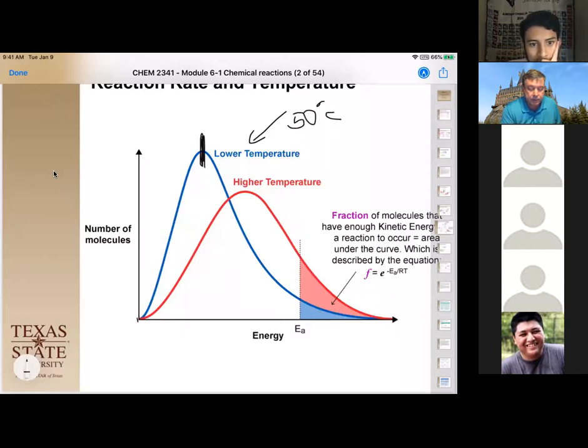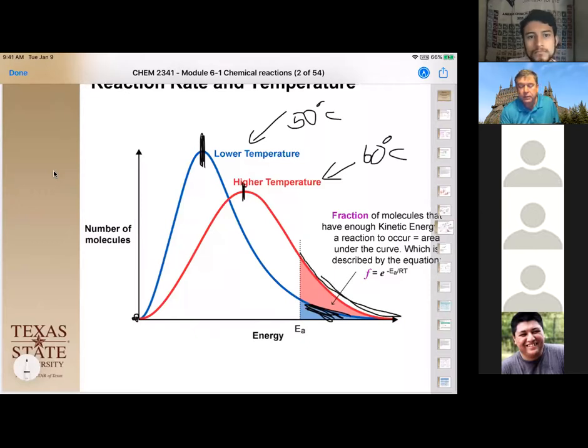And then some of them are going to be not moving at all, and some of them are going to be moving a little bit faster, okay? So now let's raise that temperature up to 60 degrees, okay? So now your average energy has increased right here, and you also have more molecules that are higher in energy.